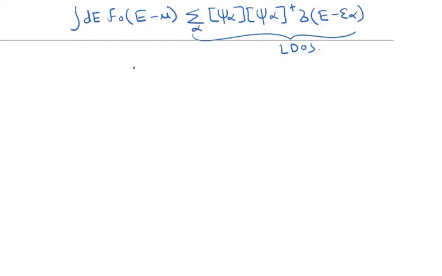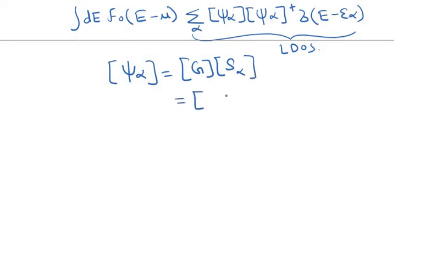Now note that we have earlier derived that psi alpha, which is again a matrix, is equal to G S alpha, to be precise, and S alpha is equal to this matrix tau times phi alpha, where phi alpha is the eigenstate at energy alpha in the contact.